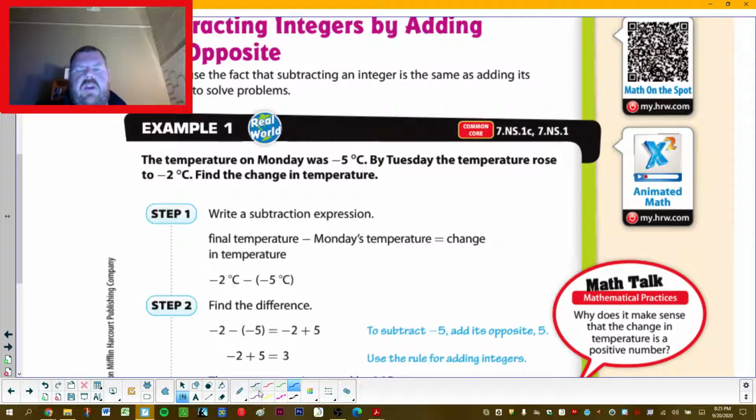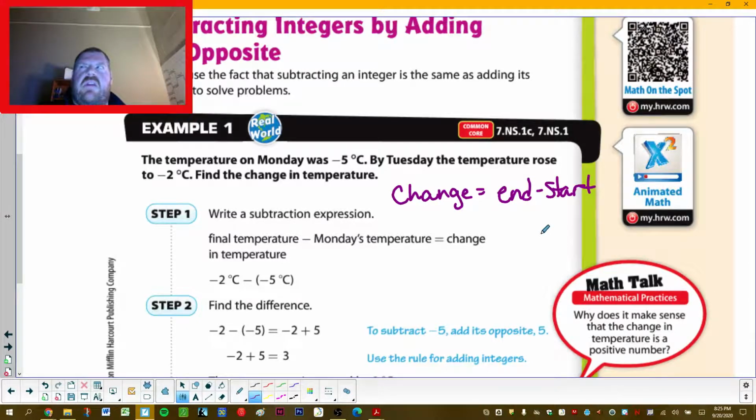This is a very big, very important formula in math: for any change, we want to go the end result minus the start. So what did it end at minus what did it start at? That's going to tell us our change.